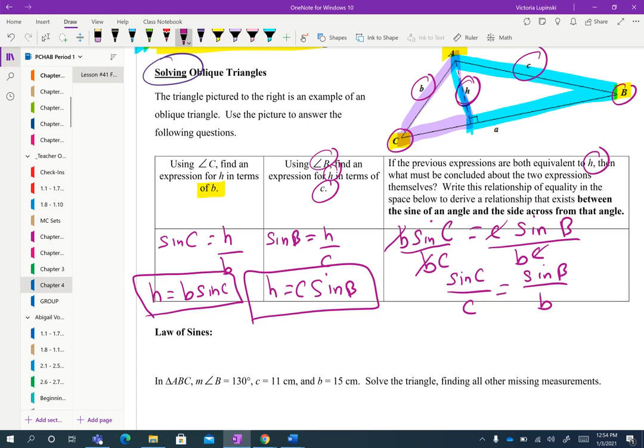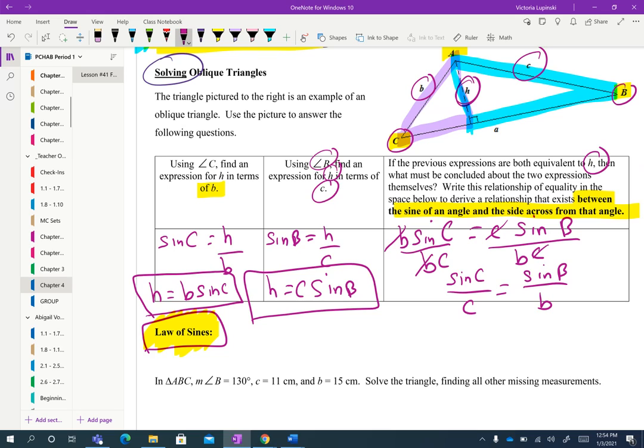This leads us to something called the law of sines, which again, maybe you have heard of before, or maybe not. The law of sines will always work if you are talking about the relationship of the sine of an angle and the side across from that angle.